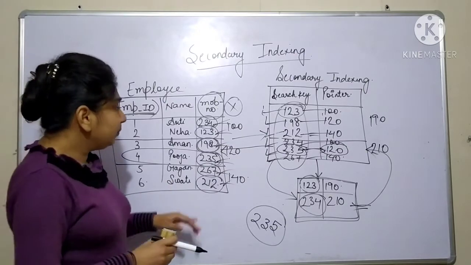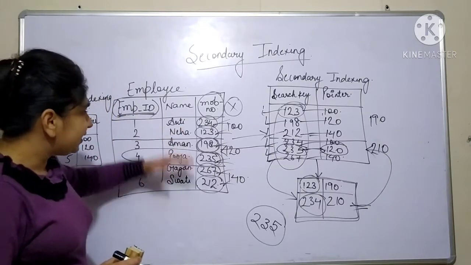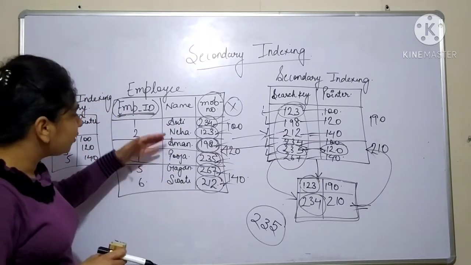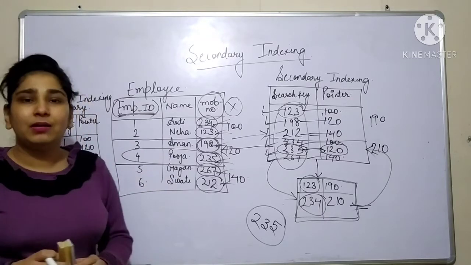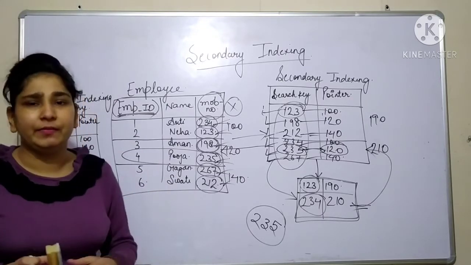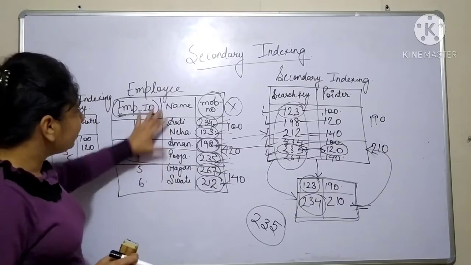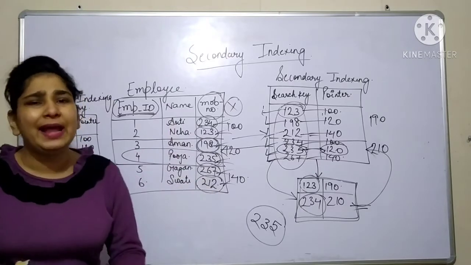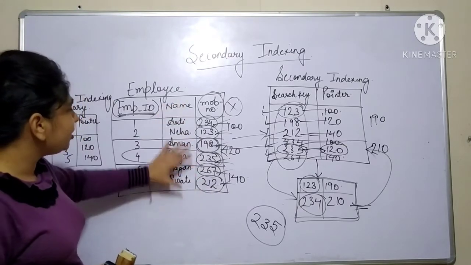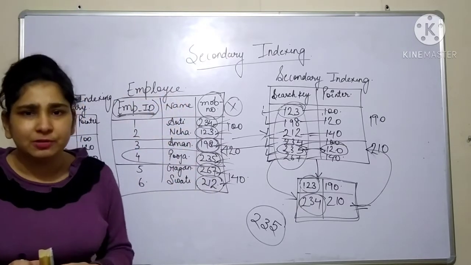As you see in this example, the number of records is very small, so in this case indexing is not effective. If your table size is very small, you don't need to perform indexing; you directly search in your relation.